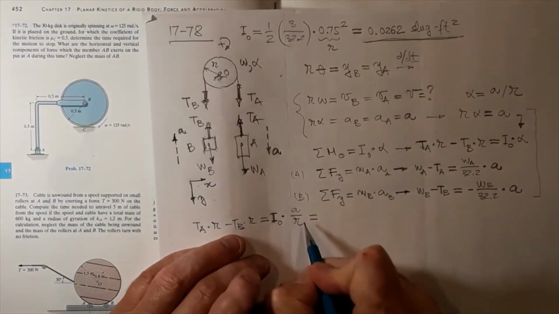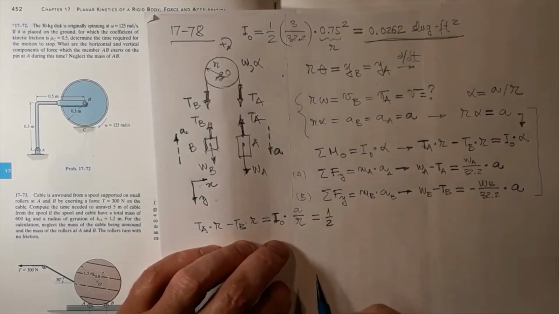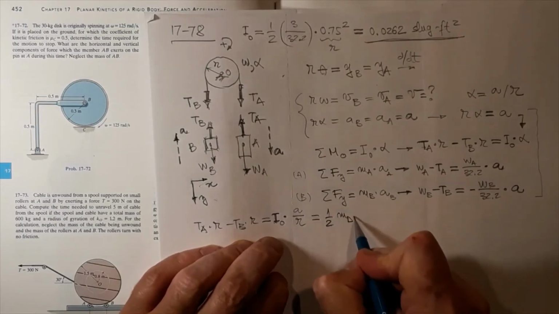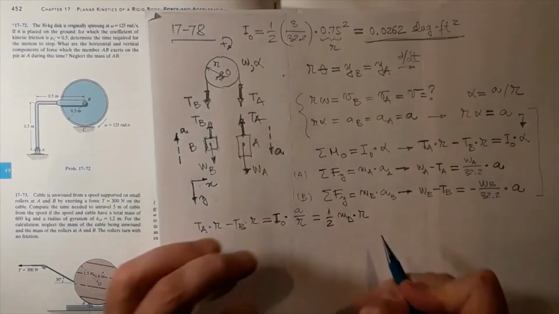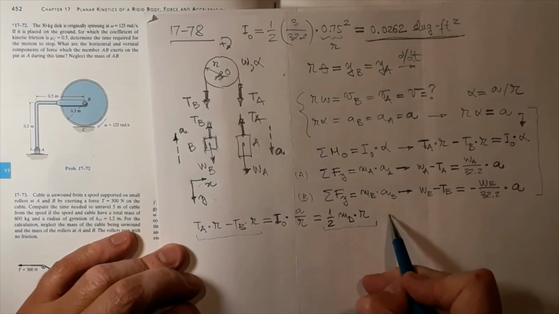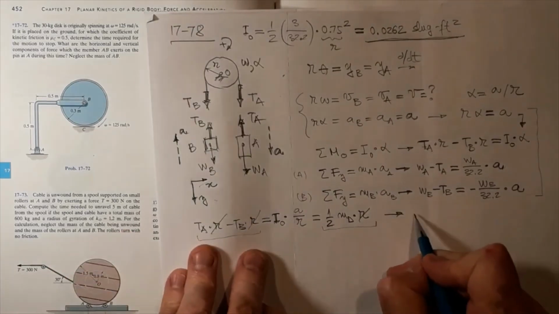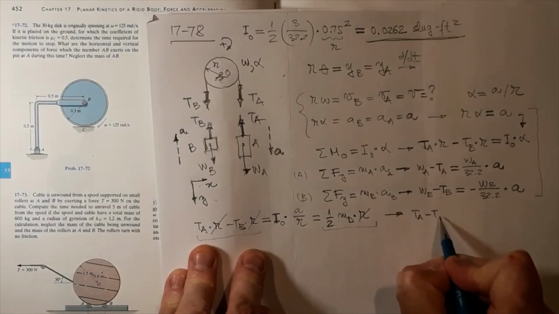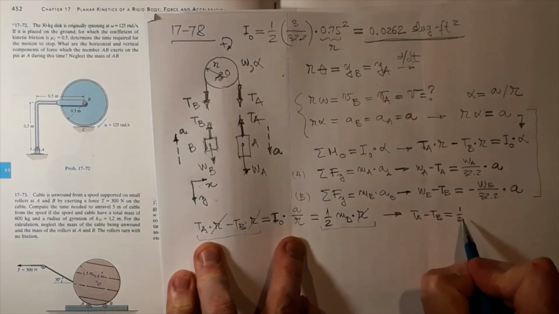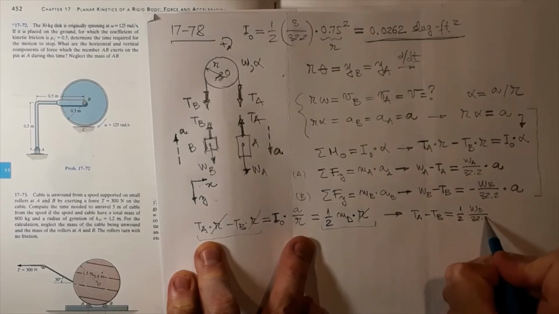Okay, just so I said 1 over 2 mass of the disk, let's call it D, times R. So this is the equation. We can see that I have R that comes out, so it would be tension of A minus tension of B equals 1 over 2 W of the disk over 32.2.